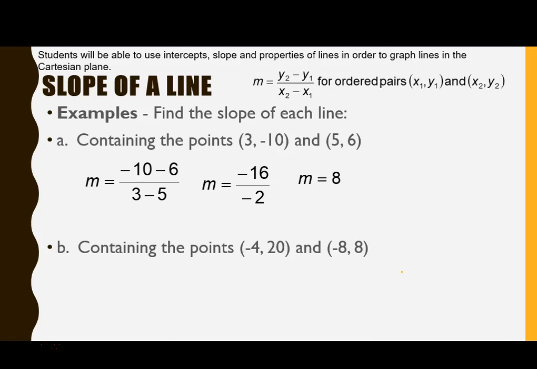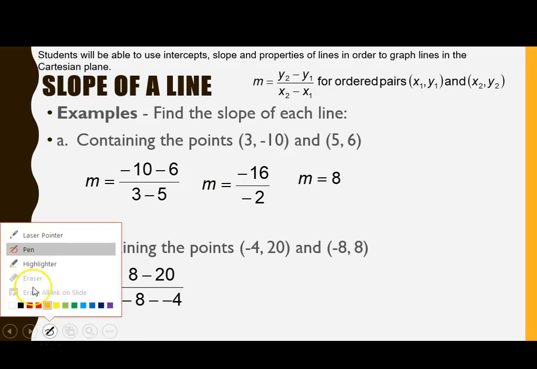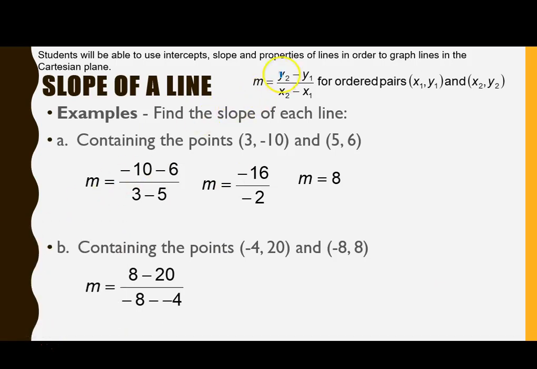What if we wanted to connect the points negative 4, 20 and negative 8, 8? Finn, you got two negatives. It's okay. We can still do this. The important thing to remember is up here in our formula, and this is something I think people get confused about. When we do y2 and x2, see the ordered pair here was negative 10, 3, so we have negative 10, 3.